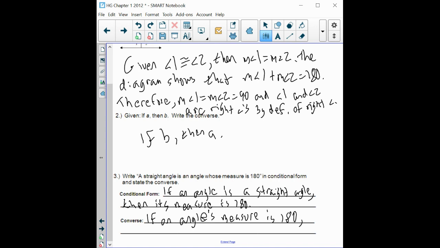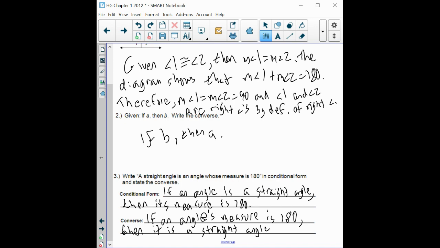So you can see here, I literally took what I have there. I just put, instead of its, I put what it was, which was an angle. Then it is a straight angle. So the converse is literally switching them around.